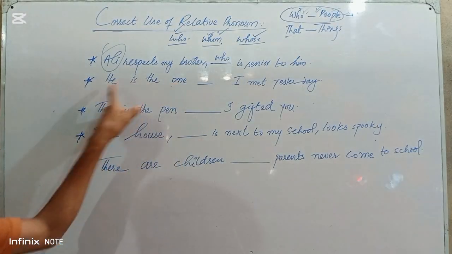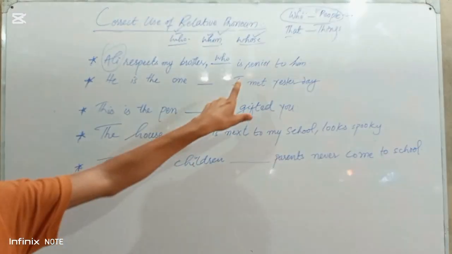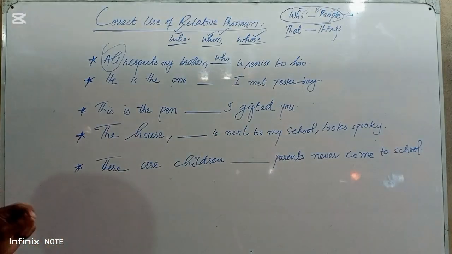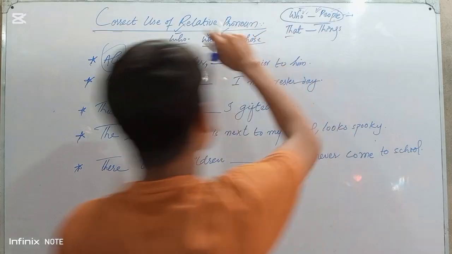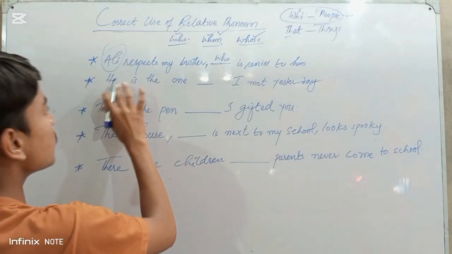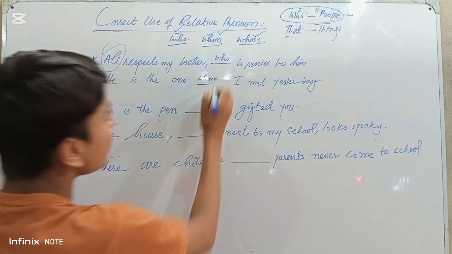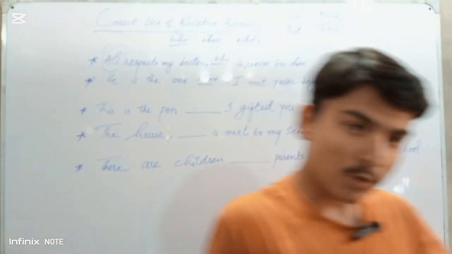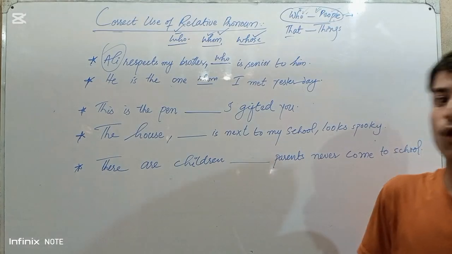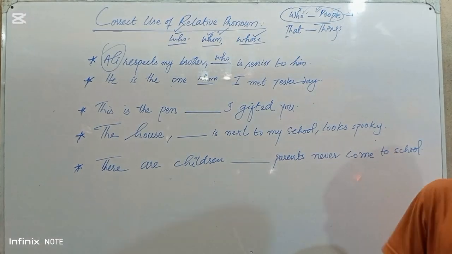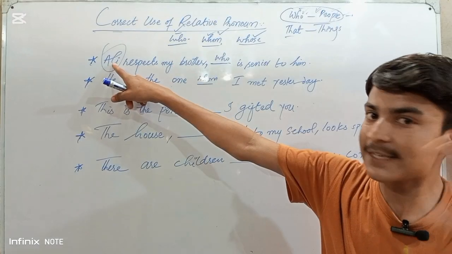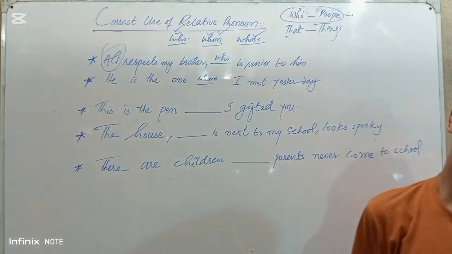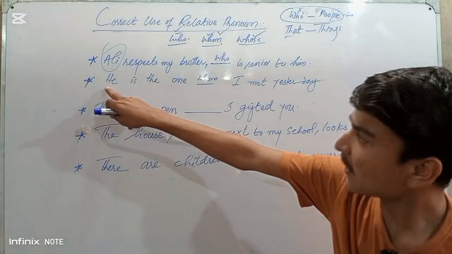So he is the one whom I met yesterday. Keep in mind, also remember that who is a nominative form, whom is an accusative form. Here Ali is a person, then we use who. Here he is also a person, first person, second person, third person, then we use its accusative form whom.